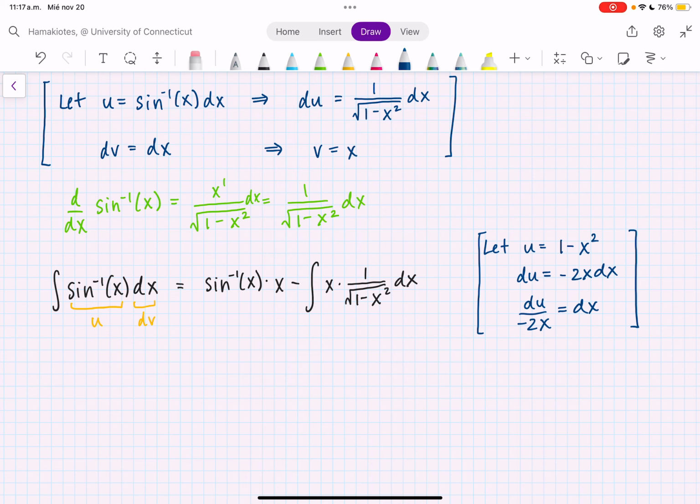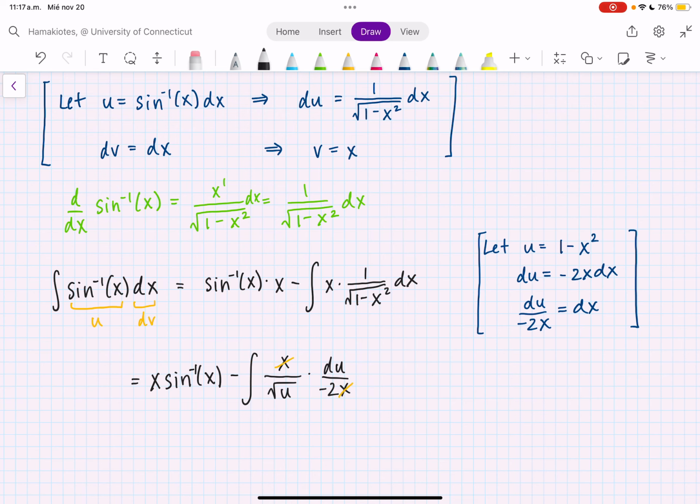Now let's see what happens. So this, just to simplify a bit, is x sine inverse of x minus the integral of x over the square root of u times dx, which is du over minus 2x. And so like we expected, the x's cancel out.